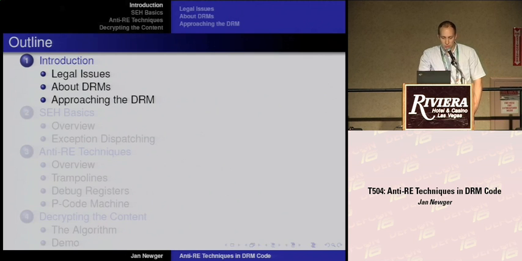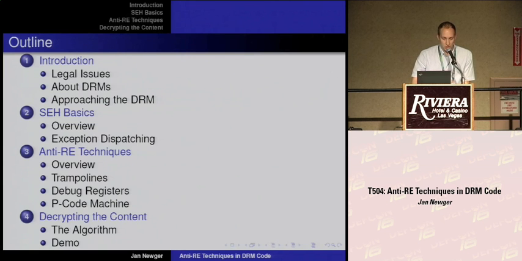We start pretty smooth with a short introduction on DRMs in general. And as I said, I will have a few slides on the legal issues with that. Chapter 2 is a little bit more technical.